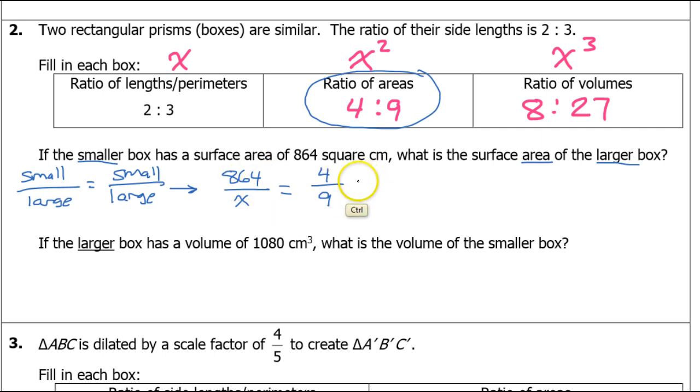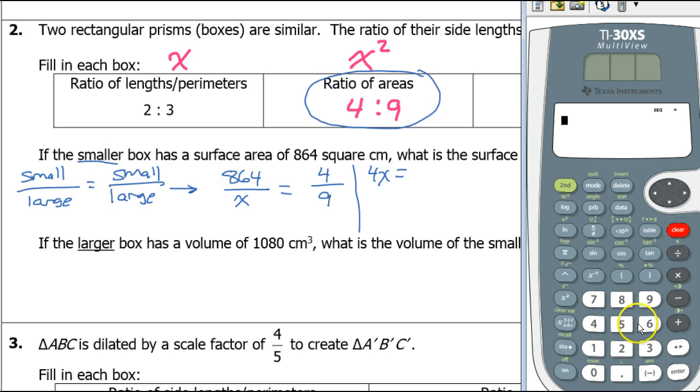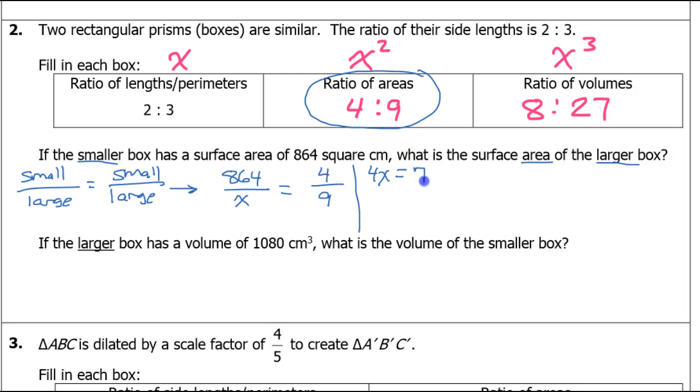All right, so I'm going to cross multiply, and that's going to give me 4x is equal to whatever 9 times 864 is. Okay, so that's 7,776. And then, of course, I will divide both sides by 4.